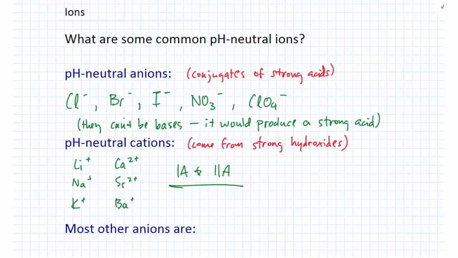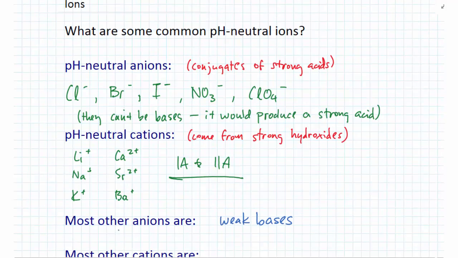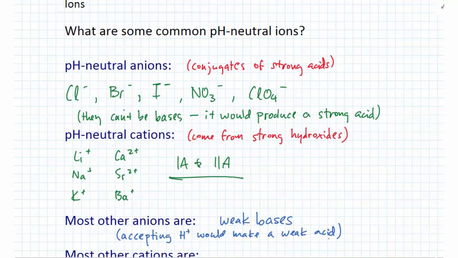Most other anions have what effect on the pH of a solution? Most other anions are weak bases. Accepting an H plus would make a weak acid, and that's reversible.